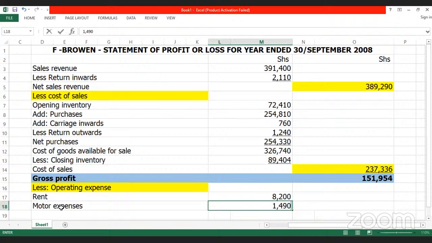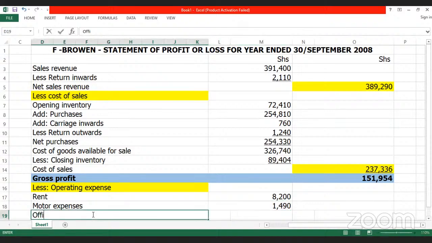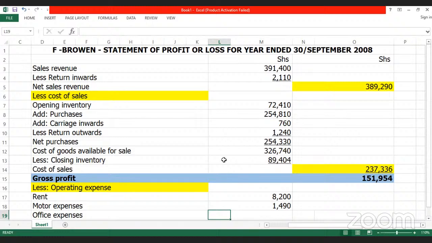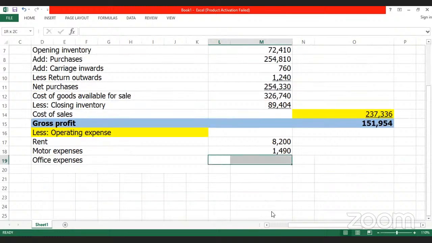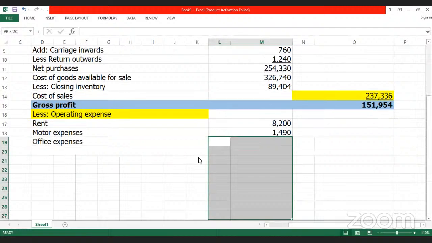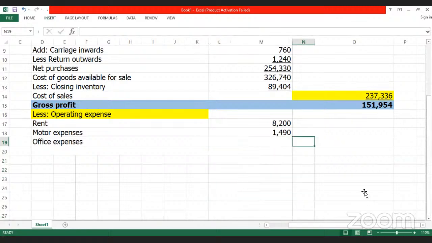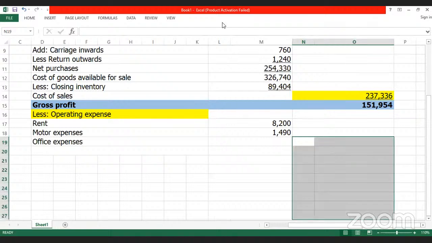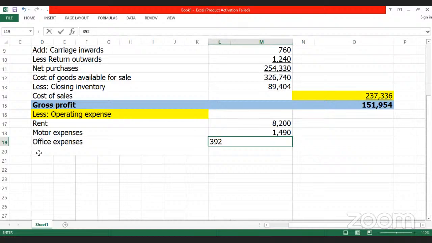Office expenses. How much are the office expenses? 392. The office expenses we have 392. Then what else do we have?